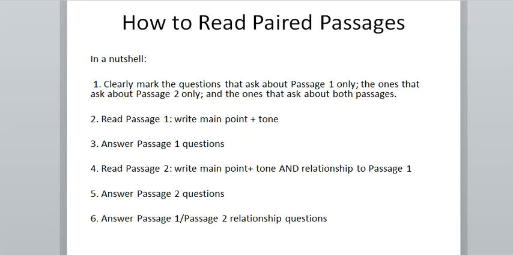Okay. Identify the ones that have to do with only one passage, and then mark or highlight the questions that are relevant to both passages, like they're asking about the relationship between the two passages.